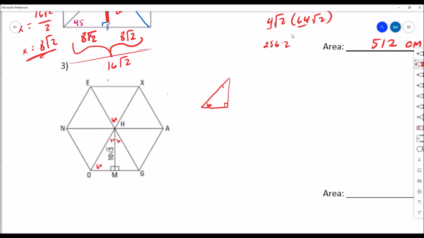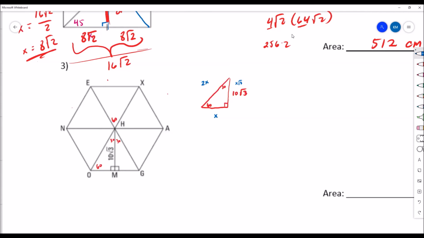And that's very nice, because our apothem is across from 30, or the 60-degree angle, and it's 10 radical 3. We remember our ratios in the 30, 60, 90 triangle to be across from 30 is x, across from 60 is x radical 3, and our hypotenuse being 2x.